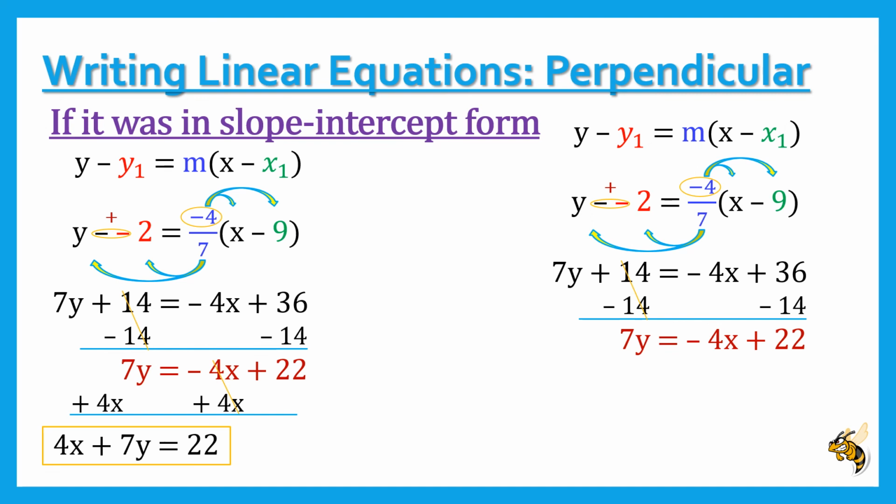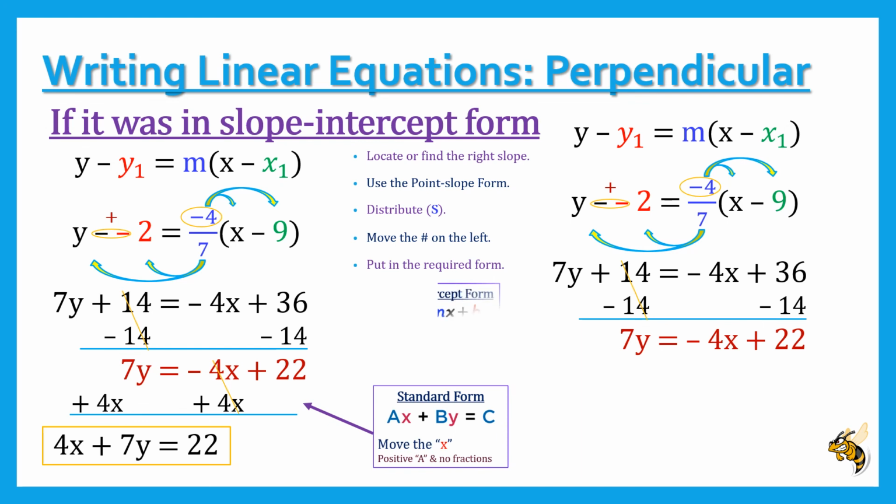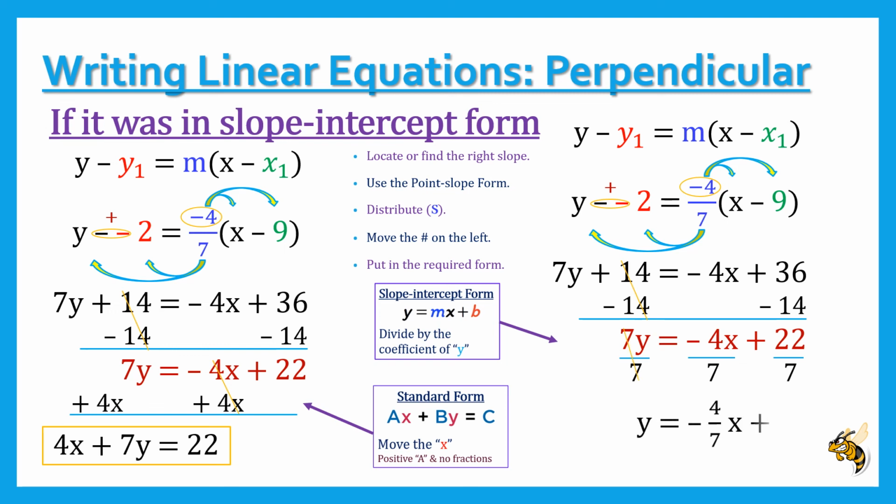But for standard form, we move the x. But in slope-intercept form, all you have to do is divide by the coefficient of y. So the coefficient is 7, so divide everything by 7. And y therefore equals negative 4 over 7x plus 22 over 7. And that would be your answer.